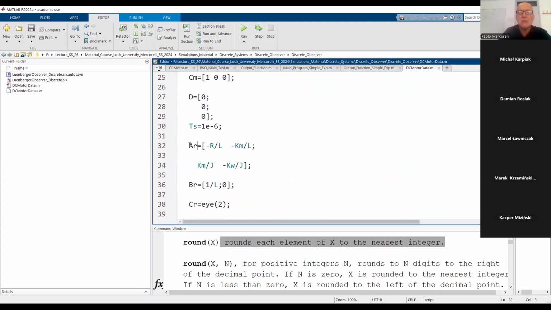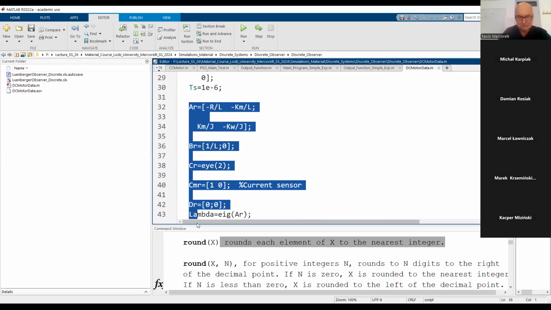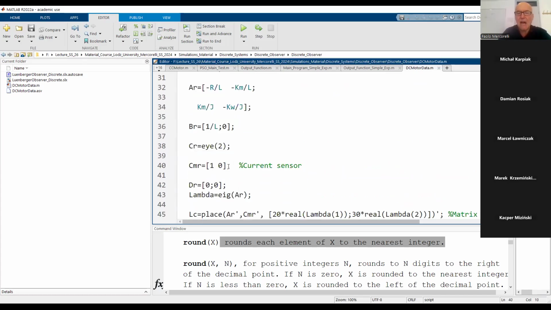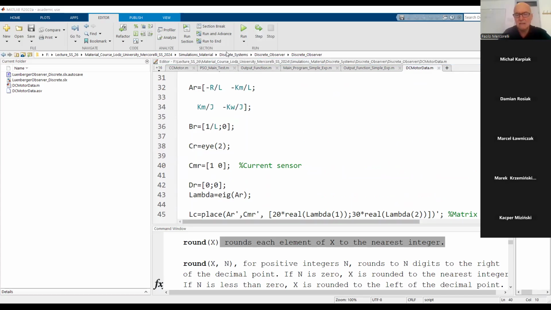Again, the system is reduced because, as I told you, we are measuring the current sensor. Through the current sensor, I have to realize this observer, which, even though I have an initial condition which is not exactly the same, will converge to the state.